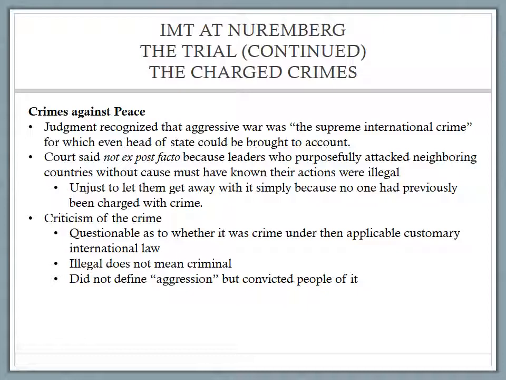In addition, the IMT relied on draft treaties of mutual assistance from 1923, unratified Geneva Protocols from 1924, and a resolution of the League of Nations, the precursor to the UN, as if those documents were binding. And the tribunal didn't define what aggression was, but still managed to convict people of it.